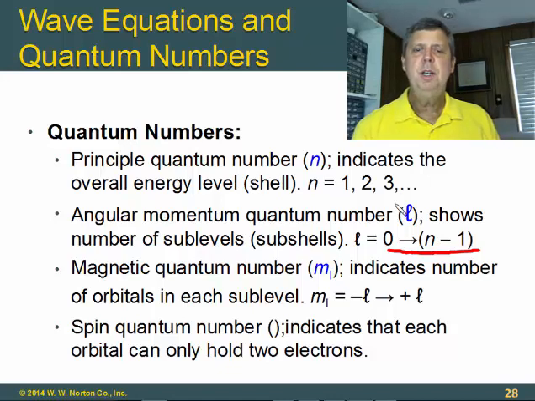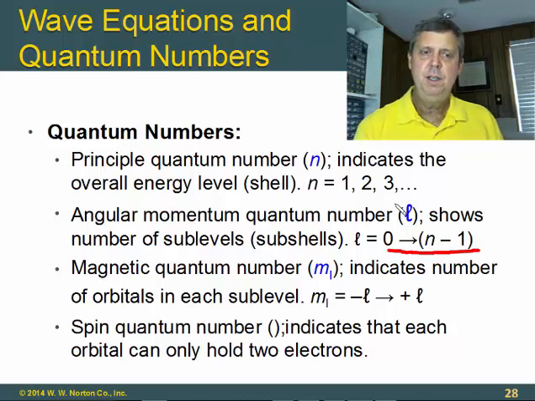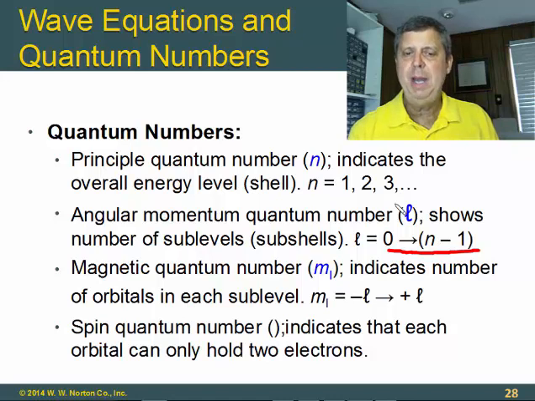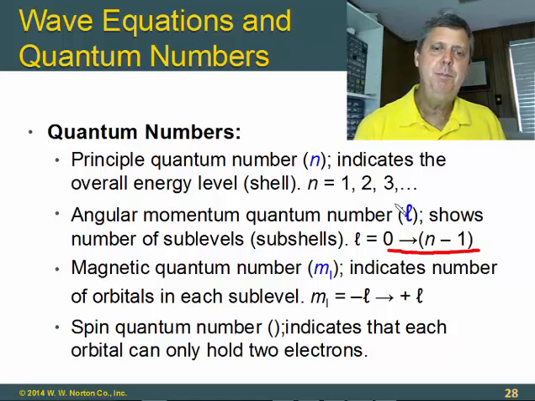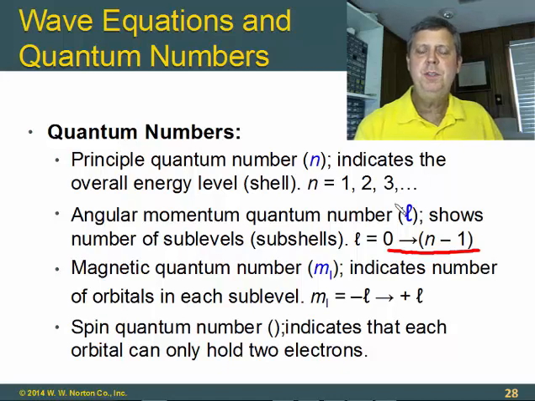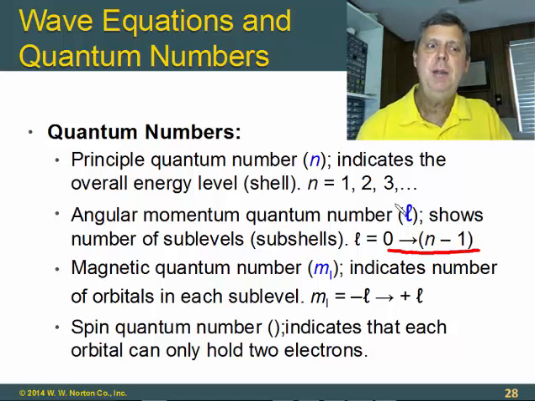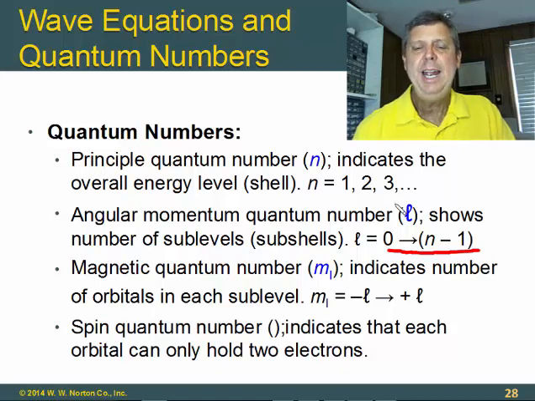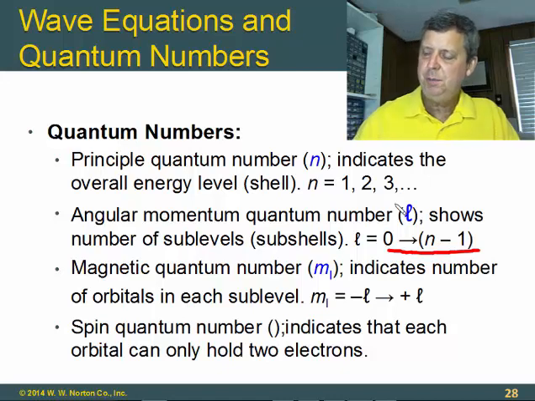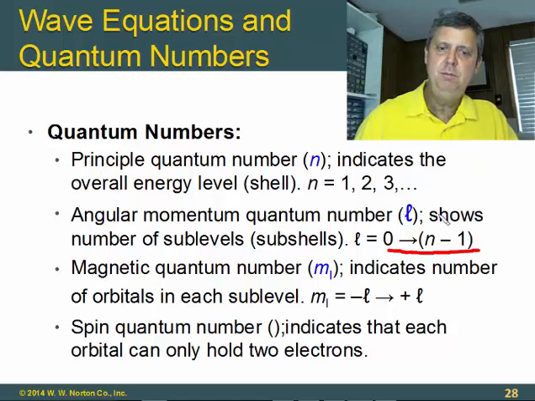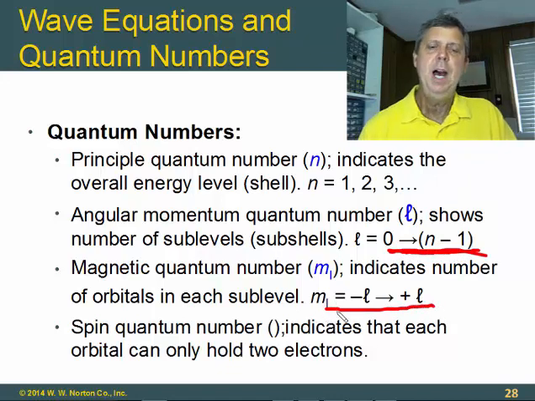The magnetic quantum number indicates the number of orbitals in each sublevel, and m goes from minus L to plus L. Basically, you can use this to figure out how many orbitals are in a given sublevel, and you can memorize these relationships for L and for m, or m sub L if you want to.